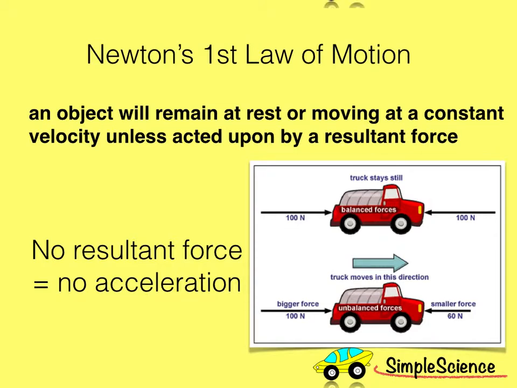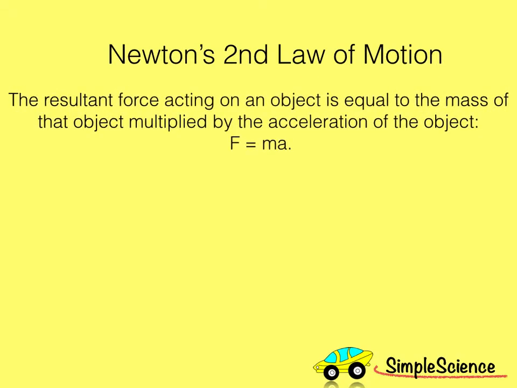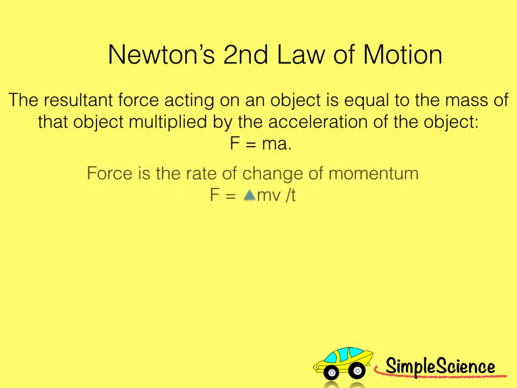Okay, now let's look at Newton's second law of motion. We know that Newton's second law is very much based on the first law, and it states that the resultant force acting on an object is equal to the mass of that object multiplied by the acceleration of the object. And we can form the equation F equals ma. But at the start, I defined force as the rate of change of momentum, or delta mv, or delta p over t.